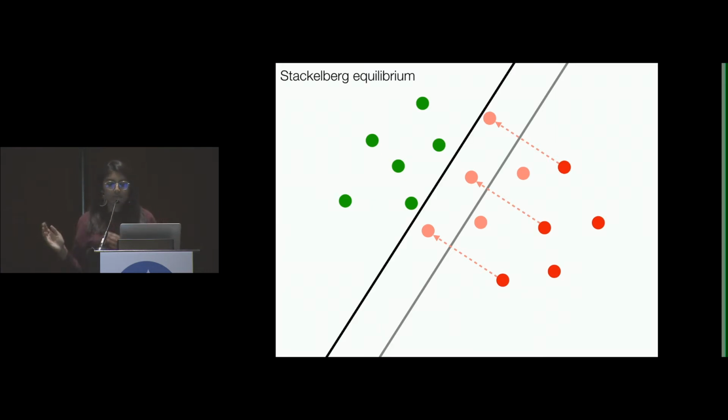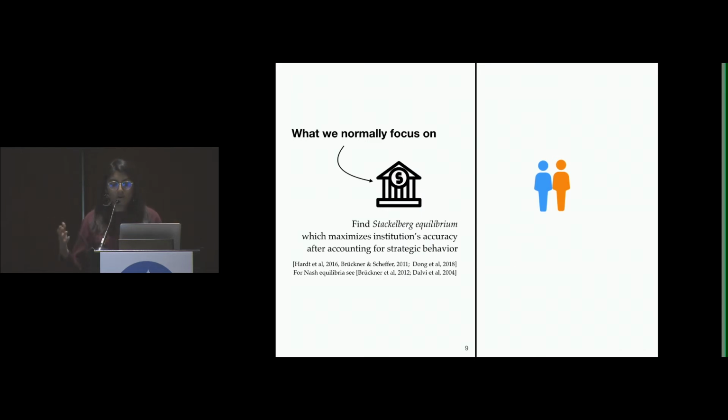It's a shift of the original decision boundary to be more conservative and to be closer to the green dots. This is often called the Stackelberg equilibrium. And in general, most of the work in machine learning on strategic classification focuses on solution concepts like the Stackelberg equilibrium, which try to maximize the institution's accuracy after accounting for strategic behavior.